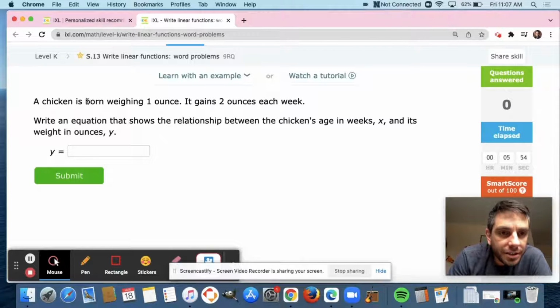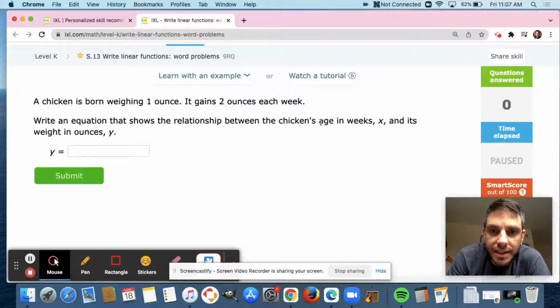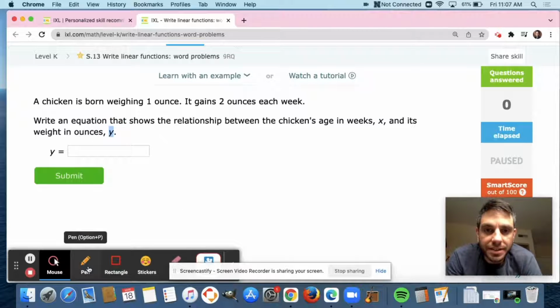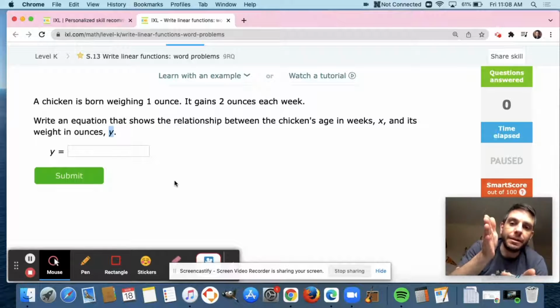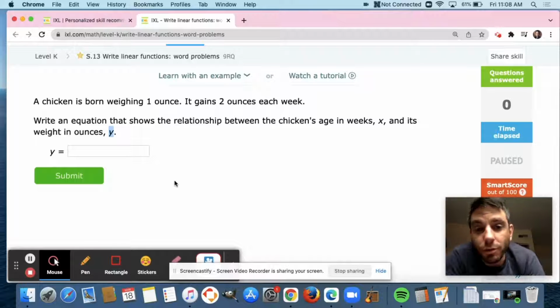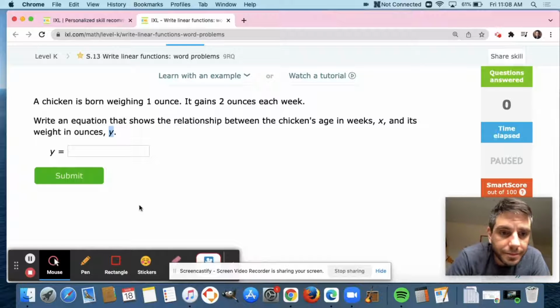It says a chicken is born weighing 1 ounce. It gains 2 ounces each week. Write an equation that shows the relationship between the chicken's age in weeks, X, and its weight in ounces, Y. So Y represents this chicken's total weight, and X represents a changeable number, which is representative of how old the chicken is in weeks.